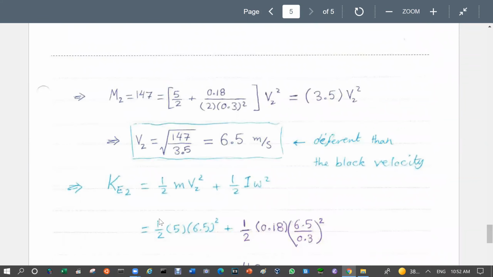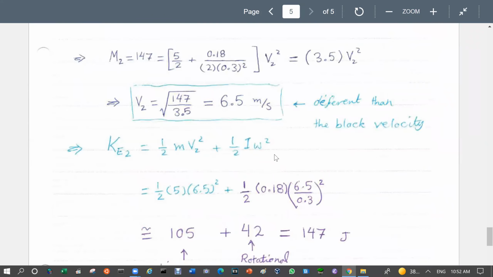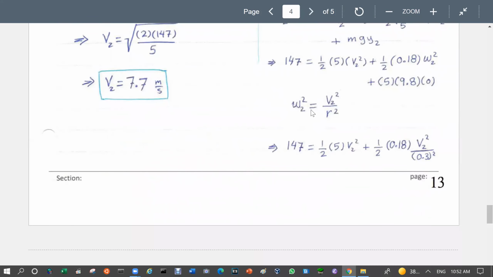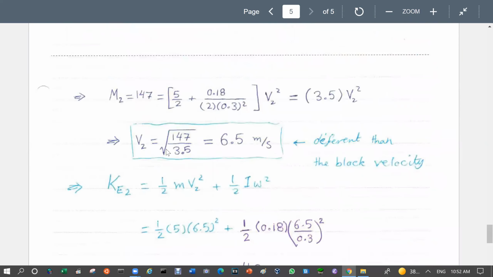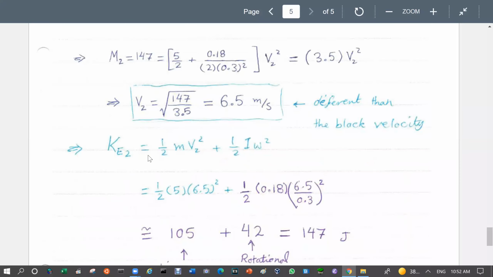We can see that. We can find omega now from this relation. Don't worry about this. The kinetic energy will still be the same. Now, if I ask you to find the total kinetic energy for this ball, it will be equal to the kinetic energy for the linear motion plus the kinetic energy for the rotational motion.